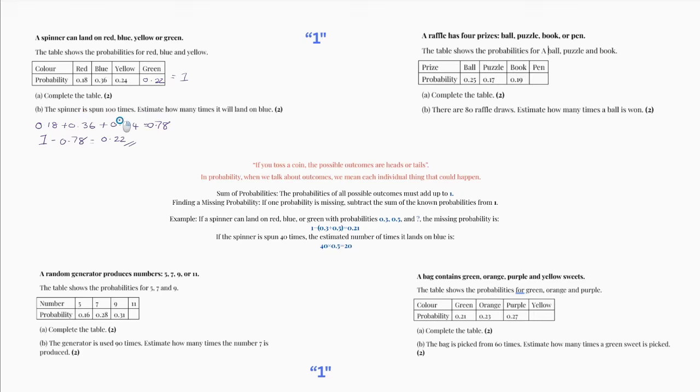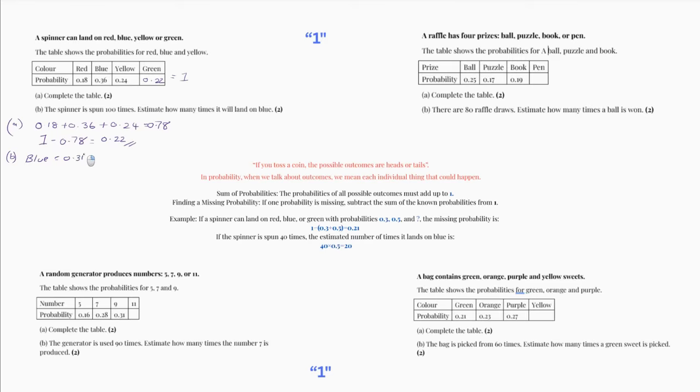The spinner is spun 100 times. Estimate how many times it will land on blue. So, what have we got for blue? For blue, we have 0.36.